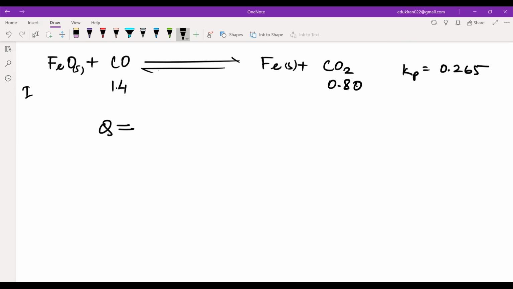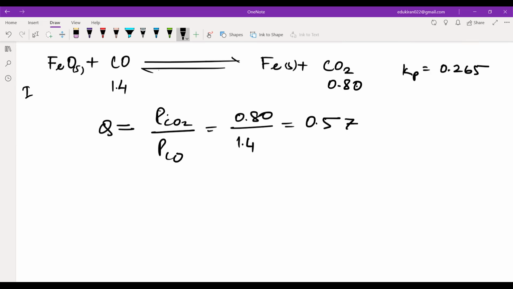Q is equal to the pressure of CO2 divided by the pressure of CO. This is 0.80 divided by 1.4. If you calculate this, it is 0.571.